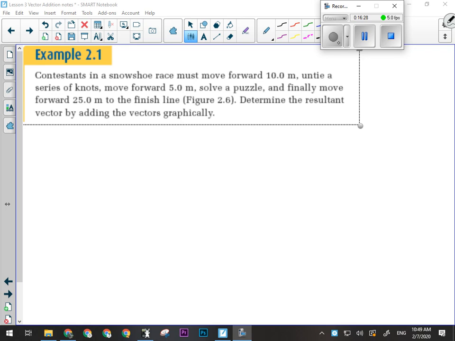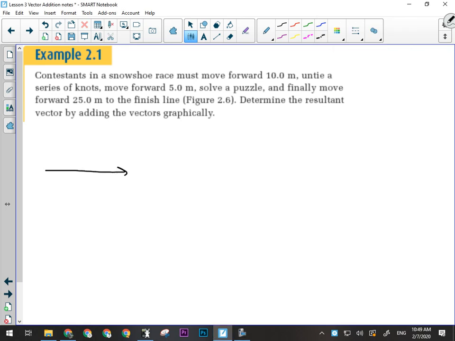So they move forward 10 meters and untie a series of knots. And then they move forward 5 meters. Again, I'm not measuring these out, but my 5-meter line is about half as long as my 10-meter line. That's close enough for what we need to do.